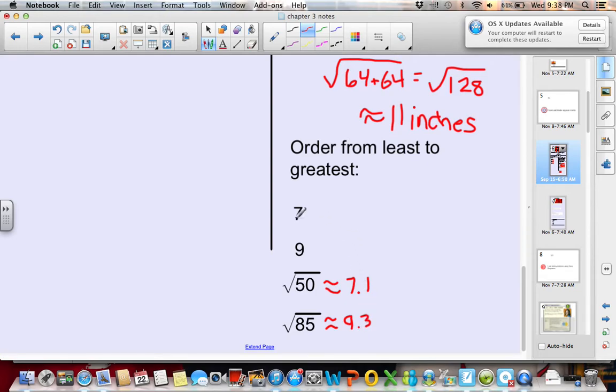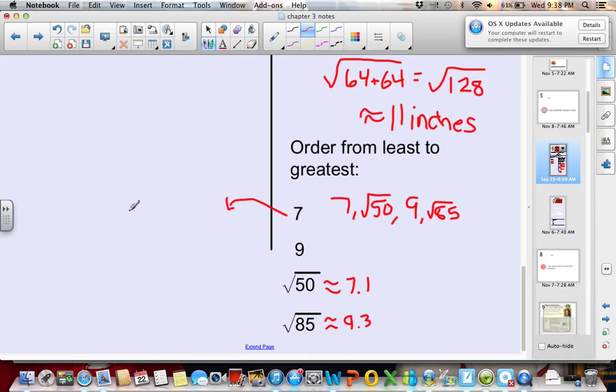Now I can see that 7 is less than 7.1, so we have 7. Then we have the square root of 50, because we write it back in its original form. Then we have 9. Then we have the square root of 85. That's one way that you could have done it. The other way is to change these into square roots.